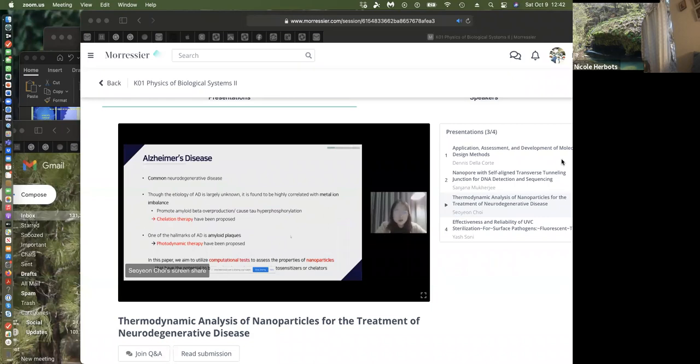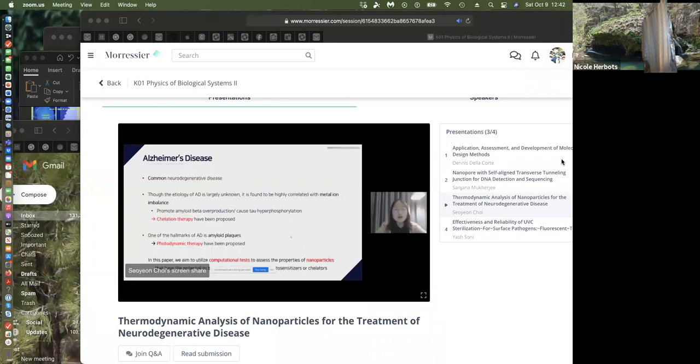So Alzheimer's disease is a common neurodegenerative disease, and although the etiology of AD is largely unknown, it is found to be highly correlated with metal-ion imbalance. Metal-ion imbalance promotes amyloid beta overproduction or causes tau hyperphosphorylation, which could lead to neurodegeneration. To counter metal-ion imbalance, chelation therapy has been proposed.